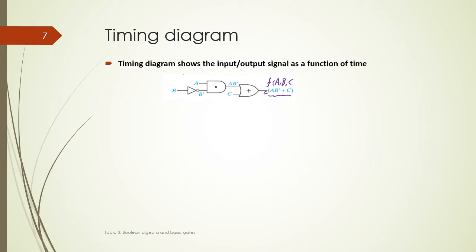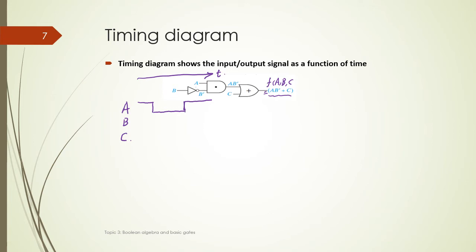Say we have inputs A, B, C, and these signals could change with time. If we have the x-axis as time, the value of A may change with time. It may start high, then at a certain point become low, then at a certain point become high again, right? So we use these lines to represent the logic level.